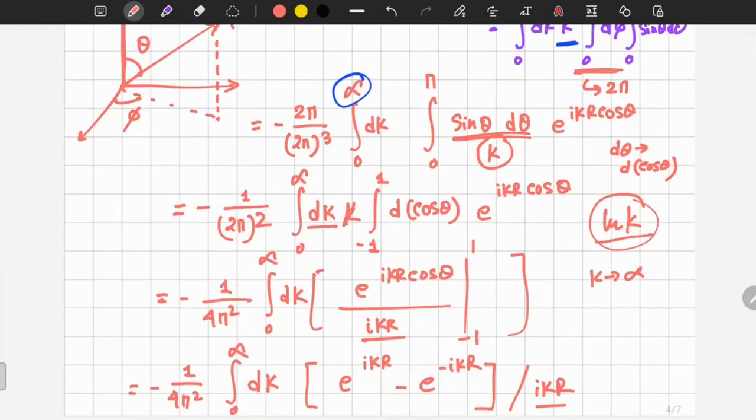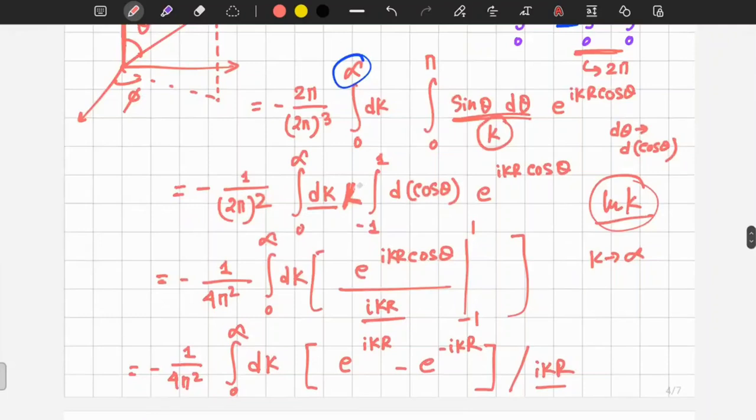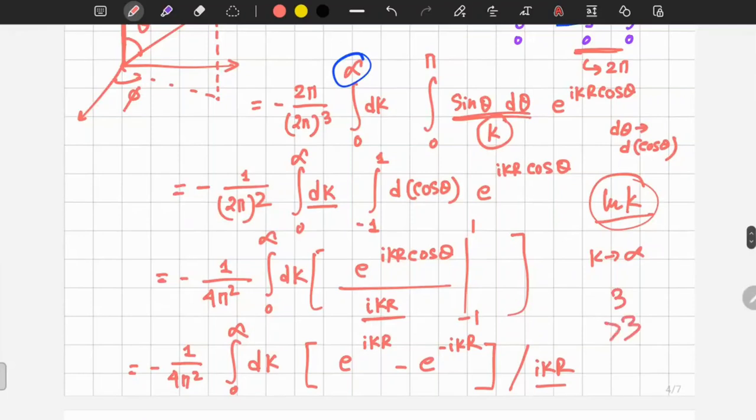So if 1 k is there, it cannot be solved like this. Then this k and this k will cancel out. So in that case also we have to take another method. But after solving, the result is the same. The 3-dimensional result and the greater-than-3-dimensional result are the same.